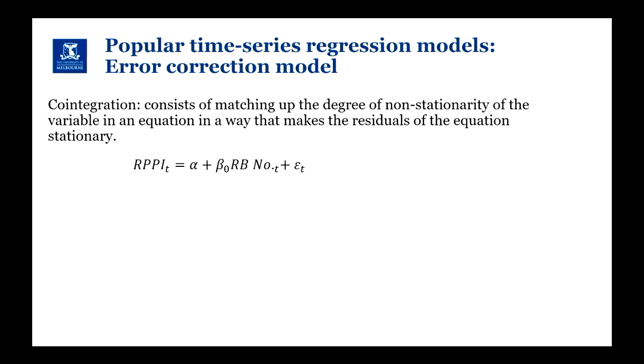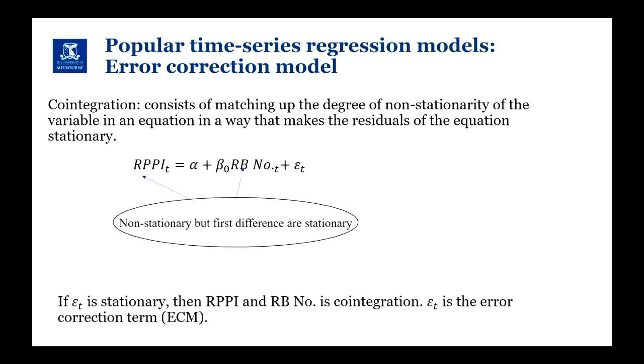What does that mean? Statistically, these two variables, house price and residential building numbers, are not stationary by themselves. However, they are stationary at the same level of difference, in this case the first difference.